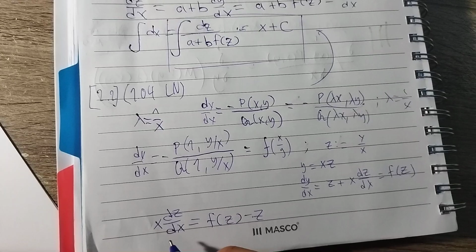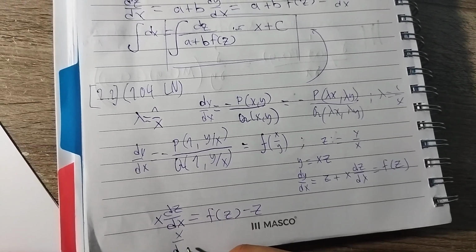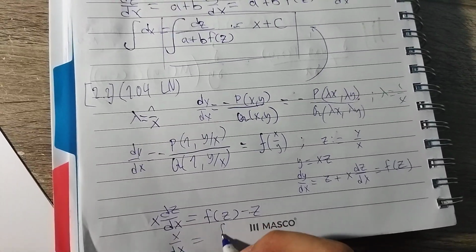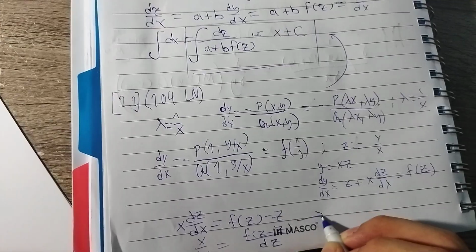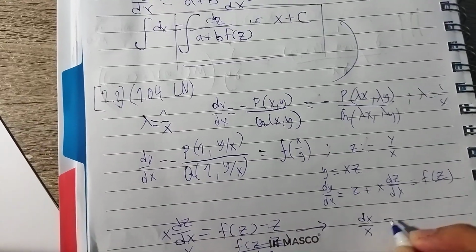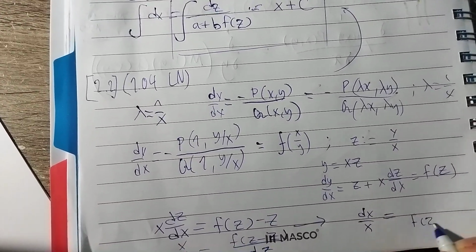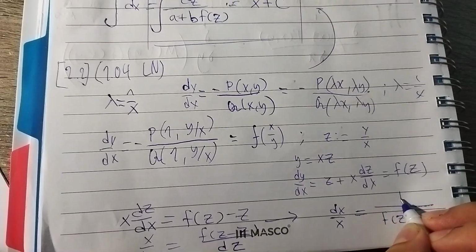So now you can say that dx over x will be dz over f of z minus z. So we get that dx over x equals dz over f of z minus z.